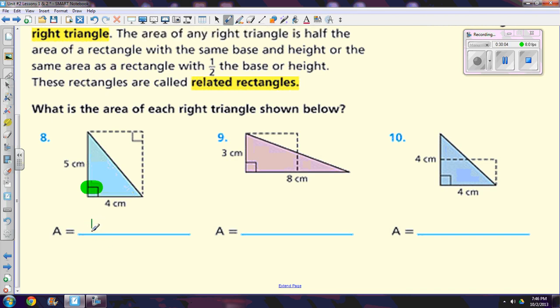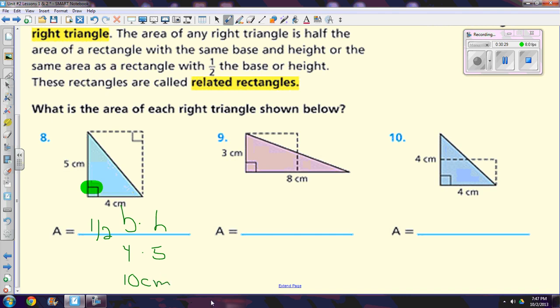So 1/2 the base times the height, with the base 4 centimeters and the height 5 centimeters. 4 times 5 is 20. Half of that would be 10. So the triangle would have an area of 10 centimeters.